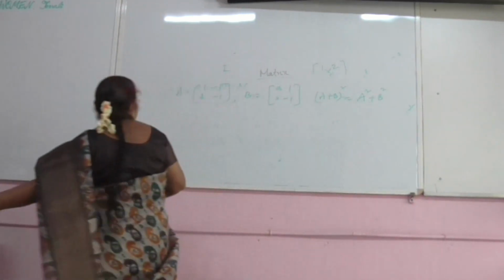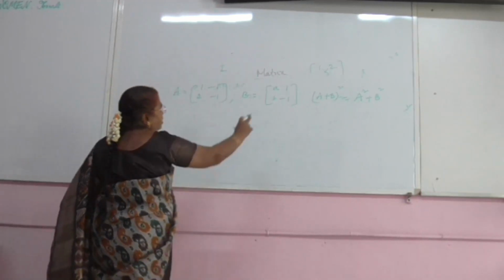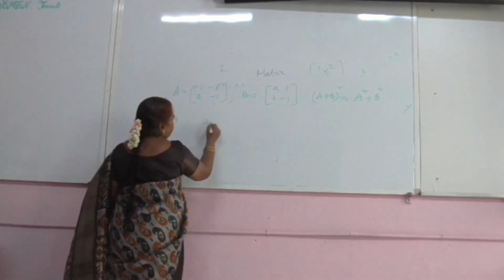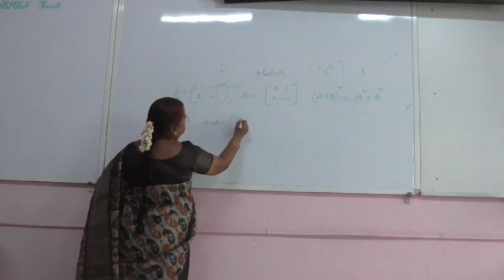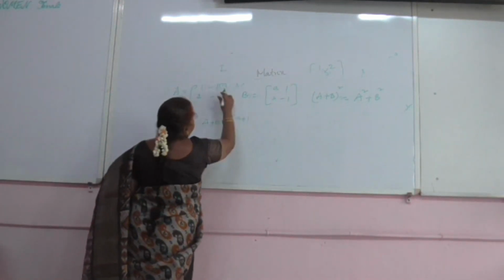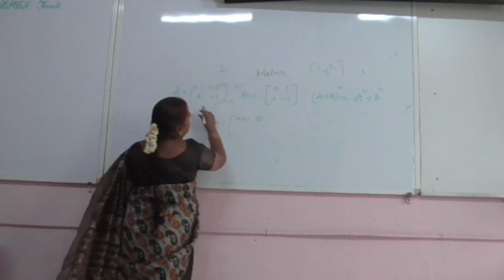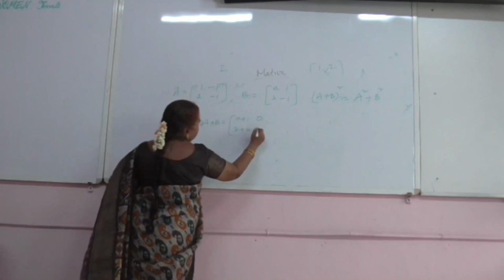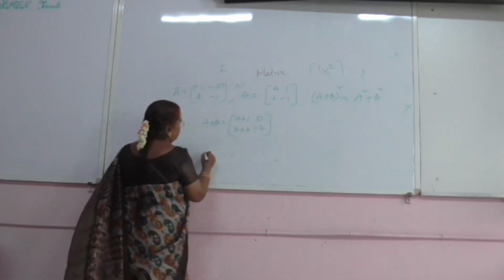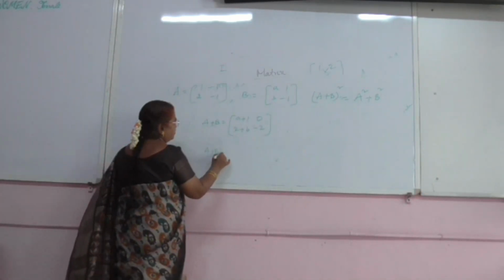We will find the values of a and b here. First we will calculate A plus B. A plus B equal to [a plus 1, minus 1 plus 1 = 0; 2 plus b, minus 1 minus 1 = minus 2].